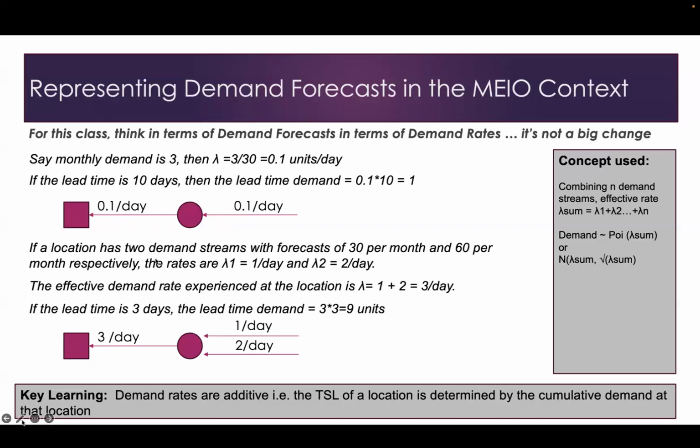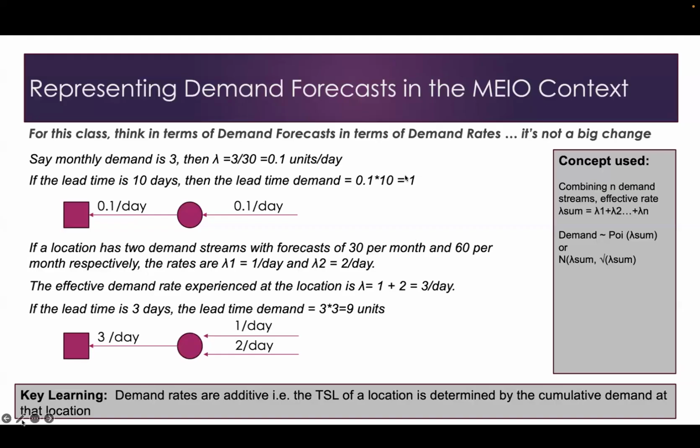Now, if a location has 2 demand streams of, let's say, one at 30 per month and another demand stream of 60 per month. So think of it as this location, this circle represents a distribution center, and it's supplying 2 stores.